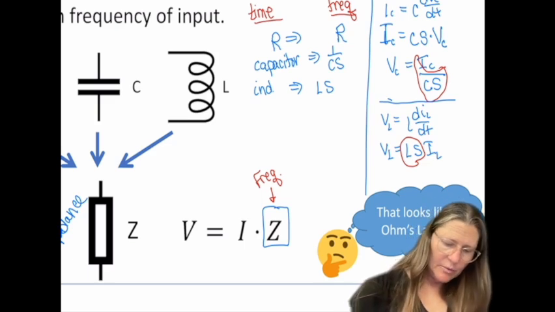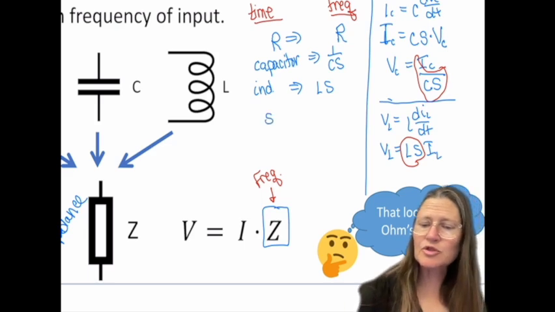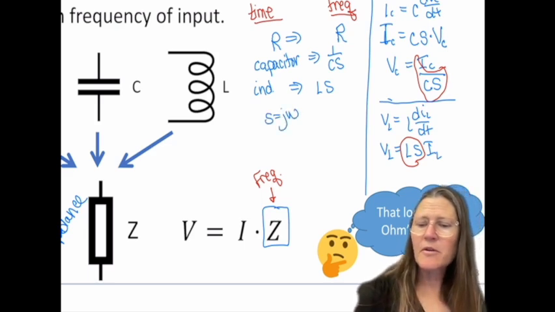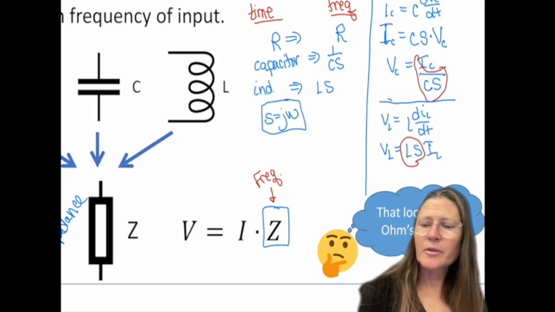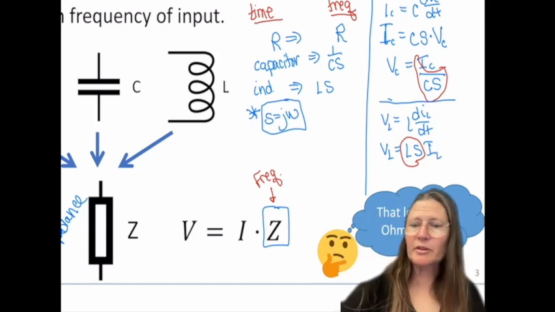So as I said, we can take s equals j omega, and these become specific values.